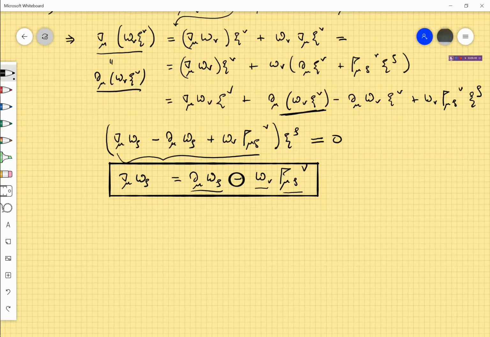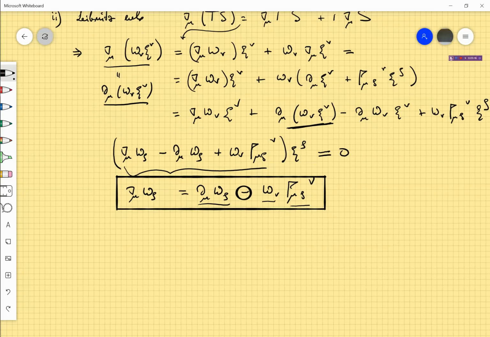Okay, if this is true for these tensors, this means that, using the transformation rule that we have found for gamma before, and the transformation rule for a one form, the covariant derivative of this one form transforms as a (0,2) tensor.